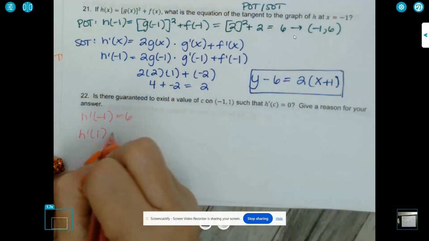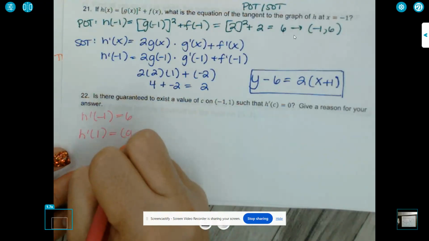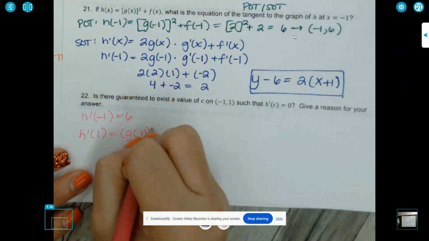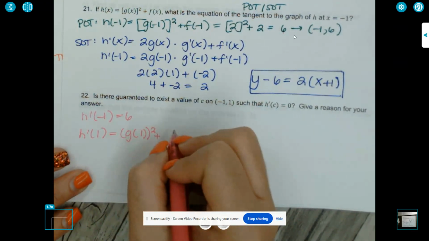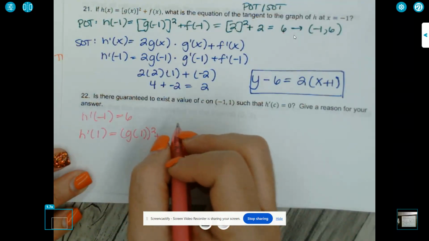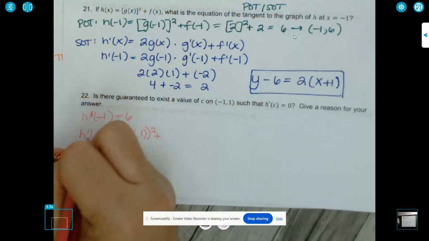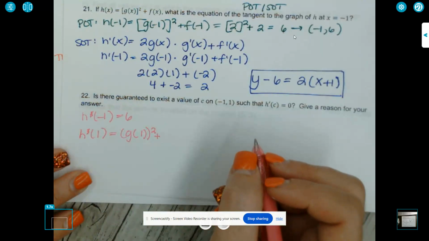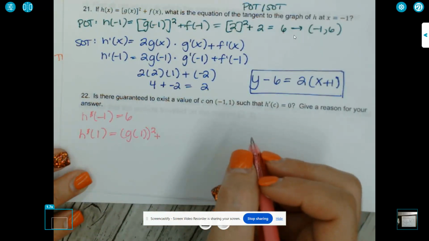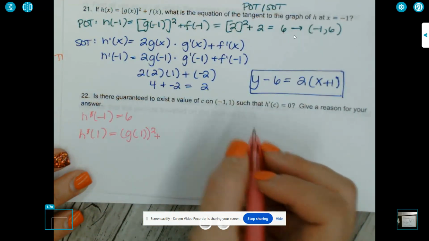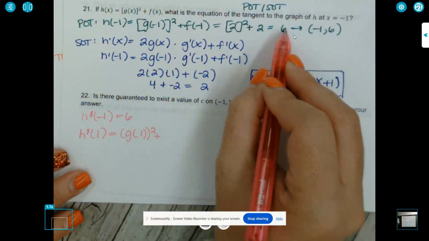So let's work that out. That's g of 1 squared plus f of 1. These aren't primes, they're just h's. That's right, h of 1, not h prime of 1. My bad.